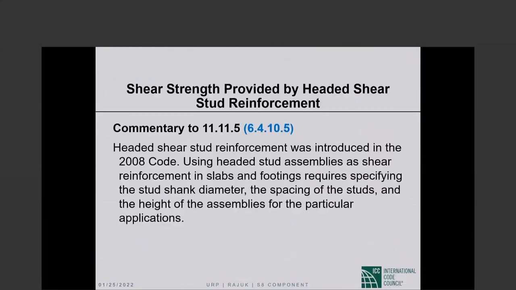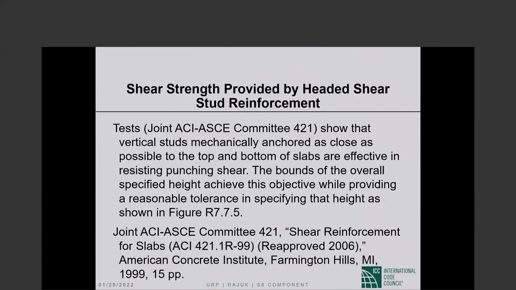Okay. Headed shear stud reinforcement was introduced in the 2008 code, as I already mentioned. Using headed stud assemblies as shear reinforcement in slabs and footings requires specifying the stud shank diameter, the spacing of the studs, and the height of the assemblies for the particular applications. This is what the engineer has to specify.